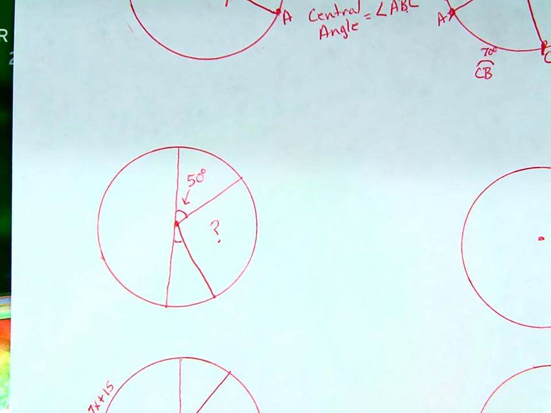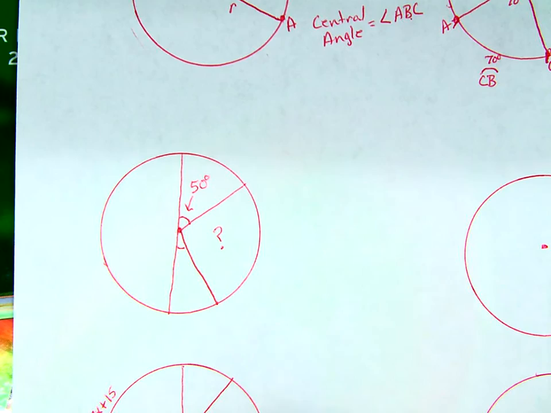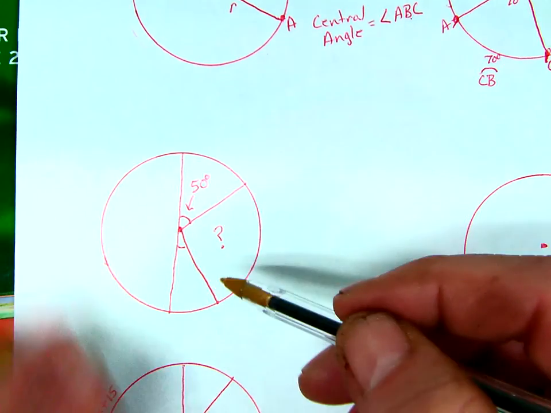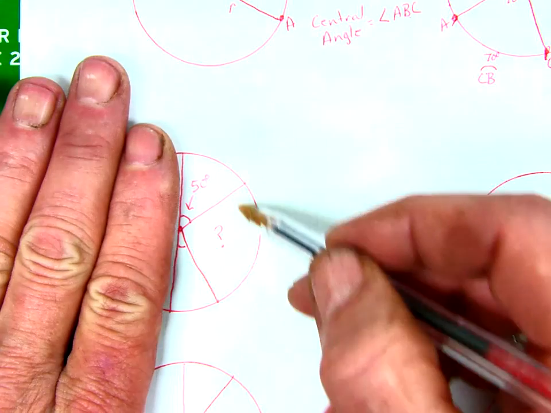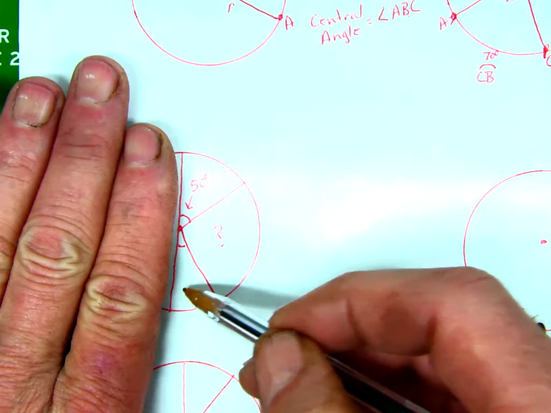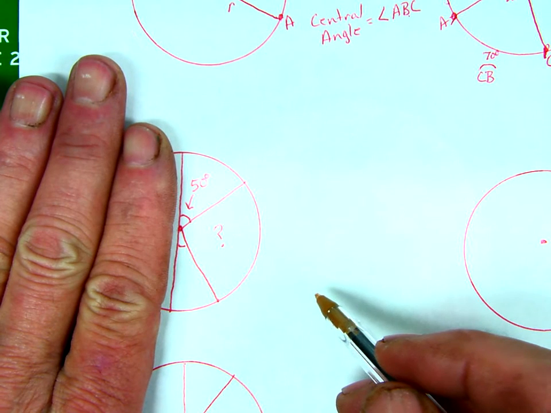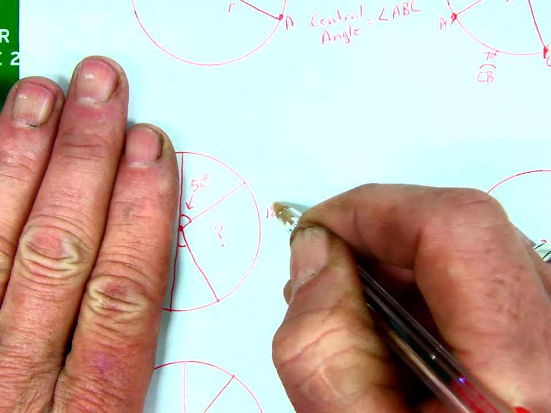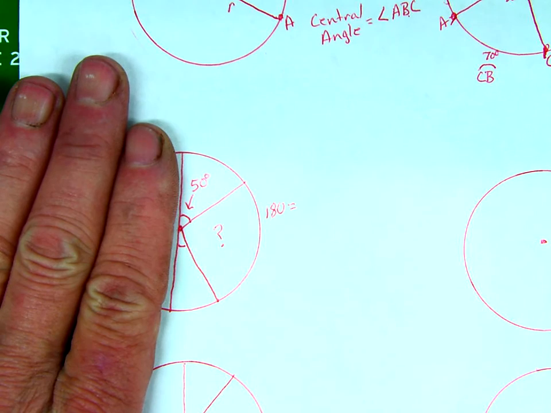There's a couple of things that I know about this picture. One, I have a diameter here. So this whole conglomeration equals 180 because 180 is half a circle.